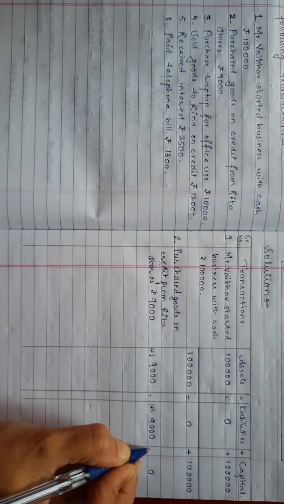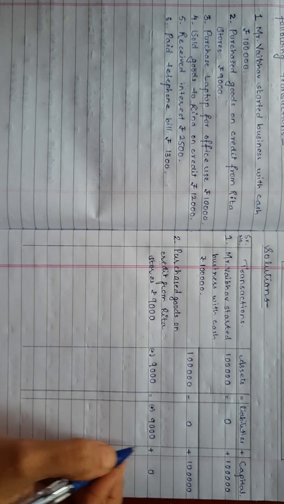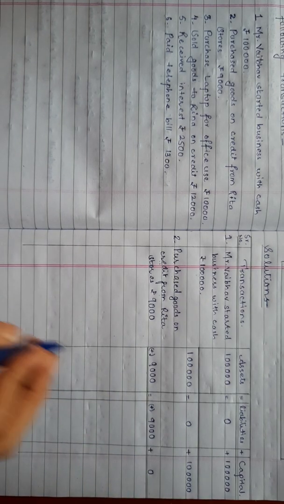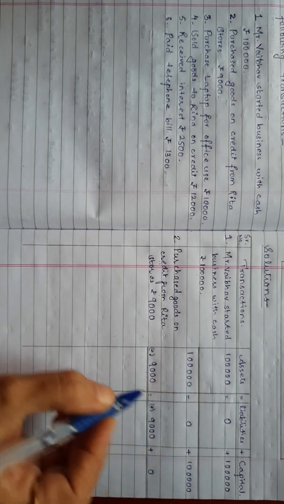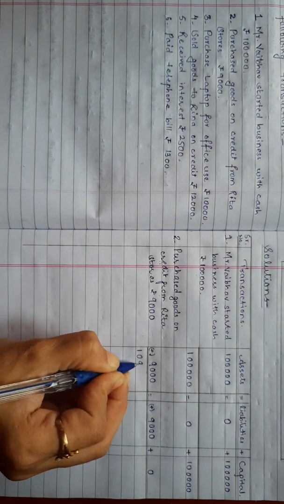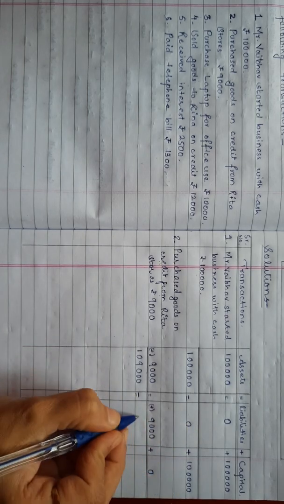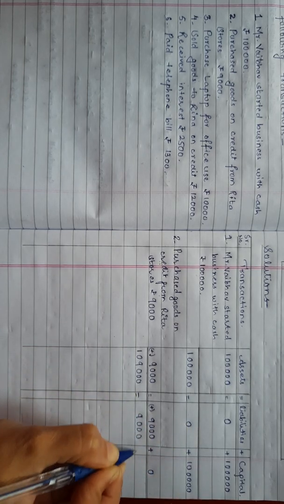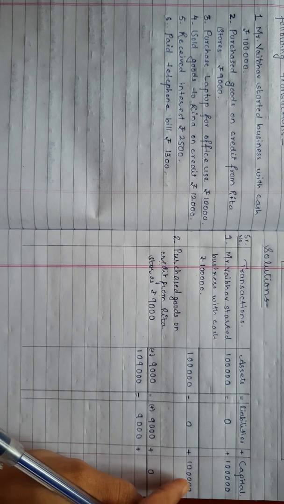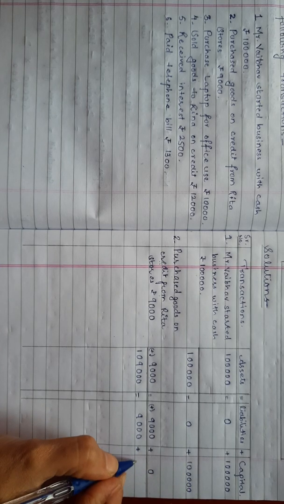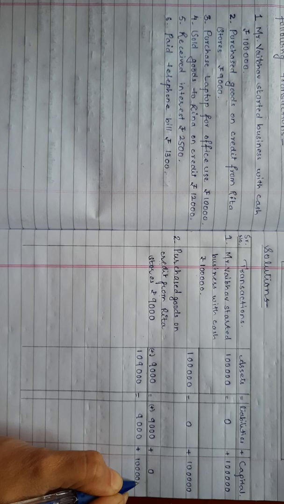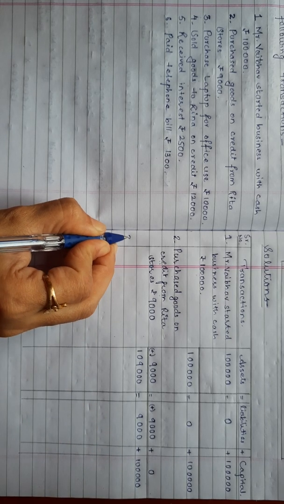Now take the total. Drawing a line, I'll add this 9,000 to 1 lakh. It will be 1 lakh 9,000 equal to 9,000 plus 0, that is 9,000, plus 1 lakh plus 0 is 1 lakh.